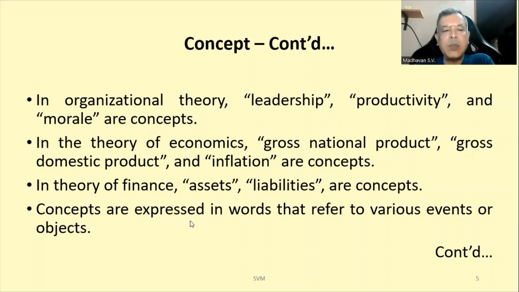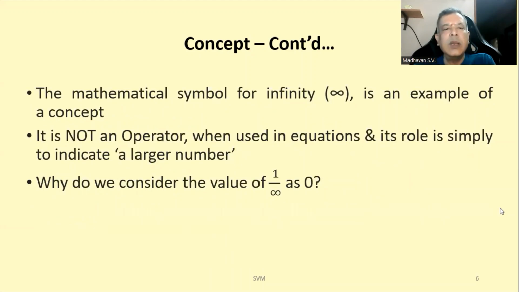Concepts are expressed in words that refer to various events or objects. Even the mathematical symbol for infinity is an example of a concept. It is not an operator like plus, minus, division, or multiplication, but it has a role which represents a very large number.